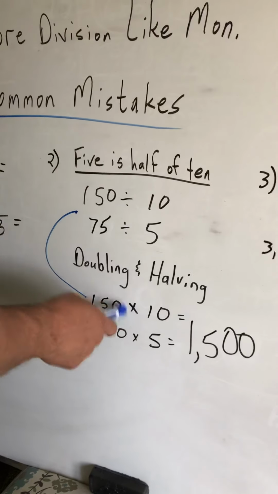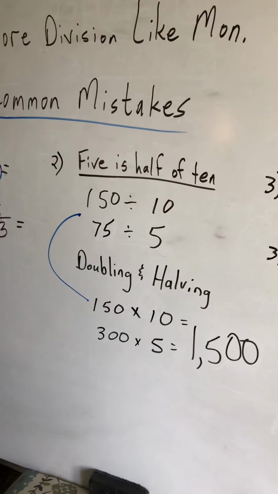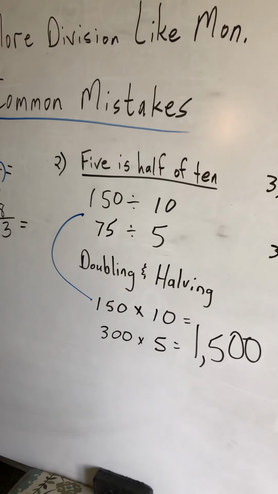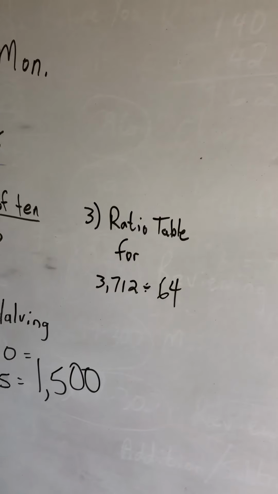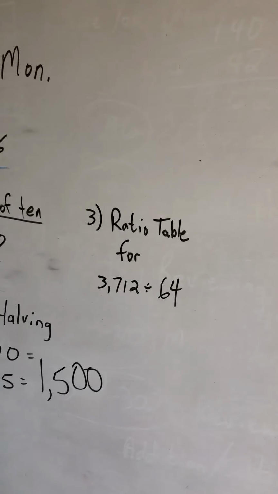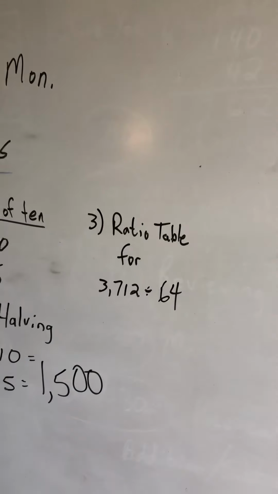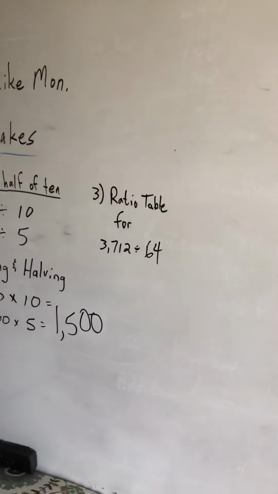The student got a little confused because they put doubling in with 5 is half of 10. And number 3 is just a ratio table for 3,712 divided by 64. Make a times 64 ratio table and get the quotient for that.